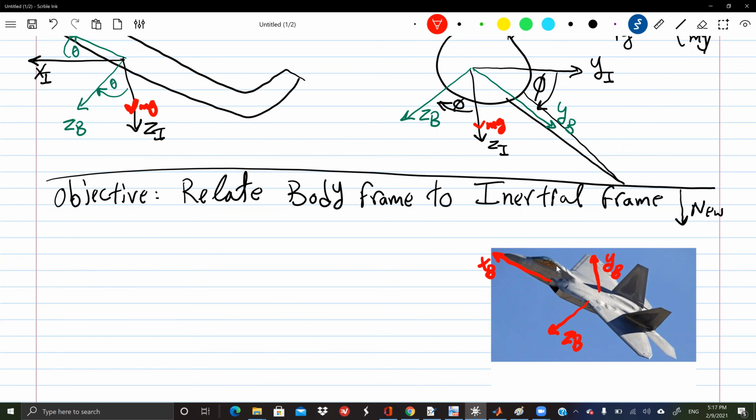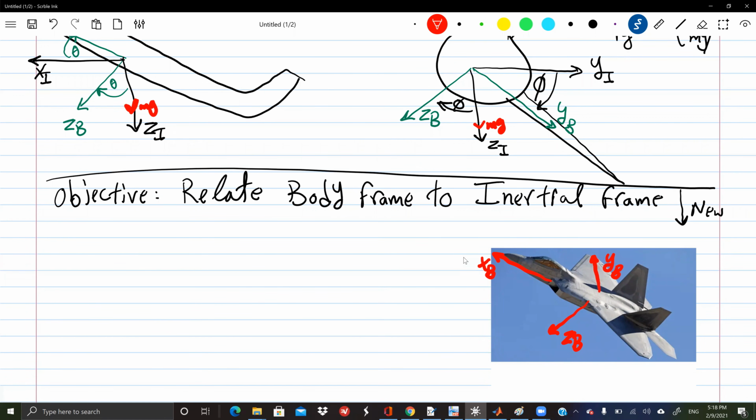All I'm given is this final attitude, and I don't care about what happened in the middle. All I care about is how to relate this final attitude, final frame, to the inertial frame. This is my objective. I'm given a frame, and I need to relate this frame to the very old one, the inertial frame that did not rotate, okay?